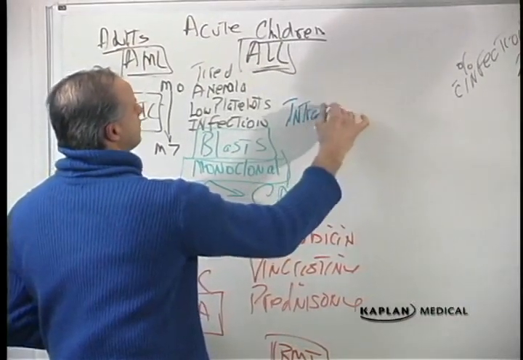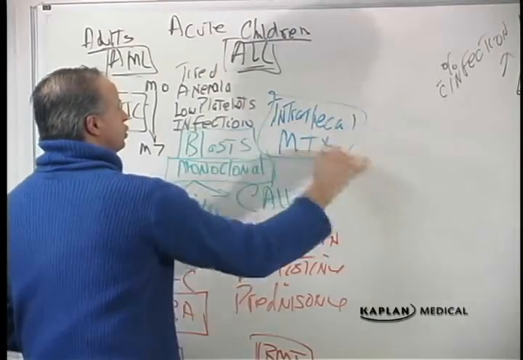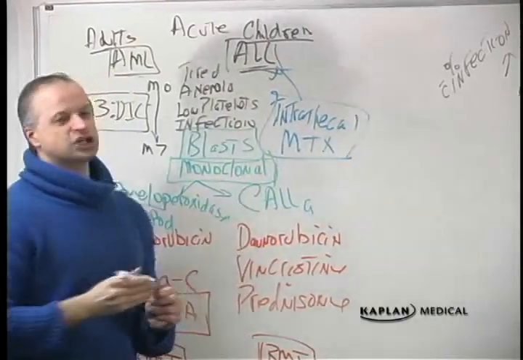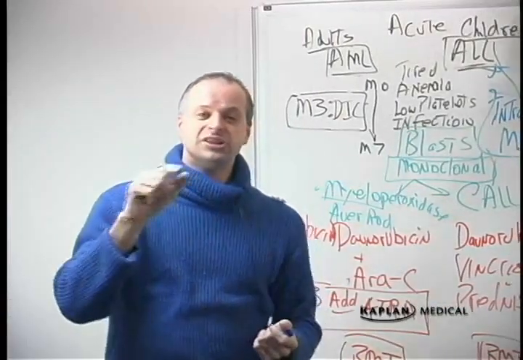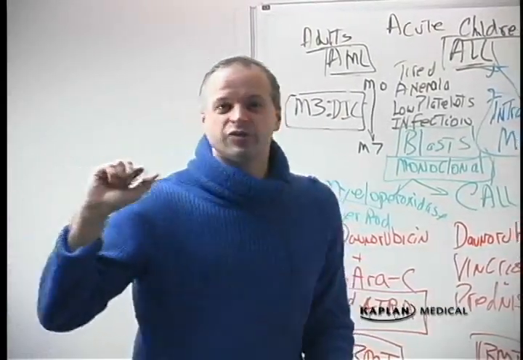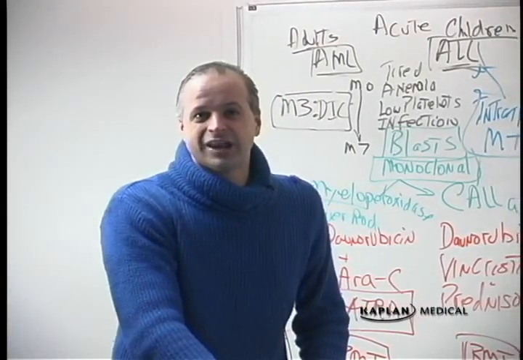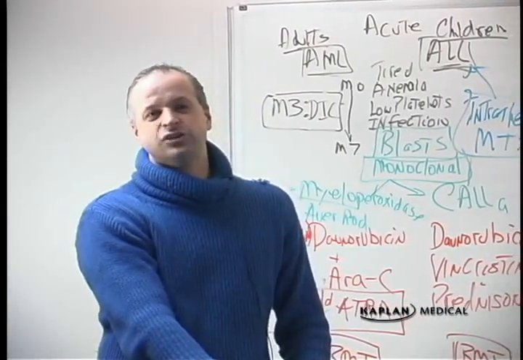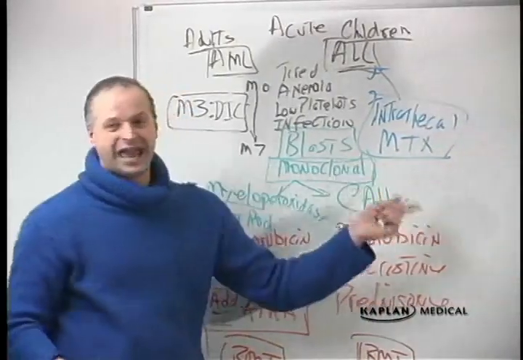Intrathecal methotrexate. Acute lymphocytic leukemia recurs in the spinal cord. So we give intrathecal methotrexate, inject chemotherapy directly into your spine, into the spinal canal, to prevent the leukemia from coming back inside your own spinal canal.